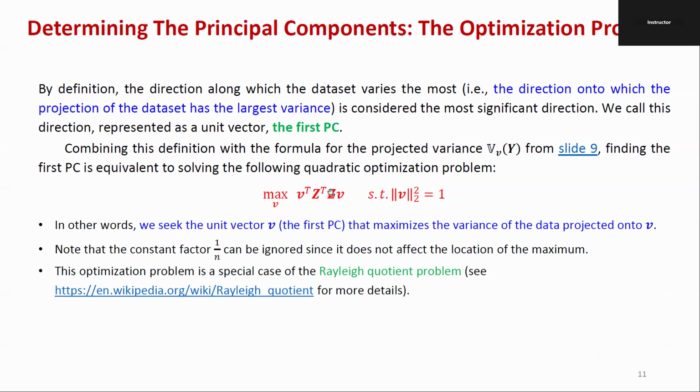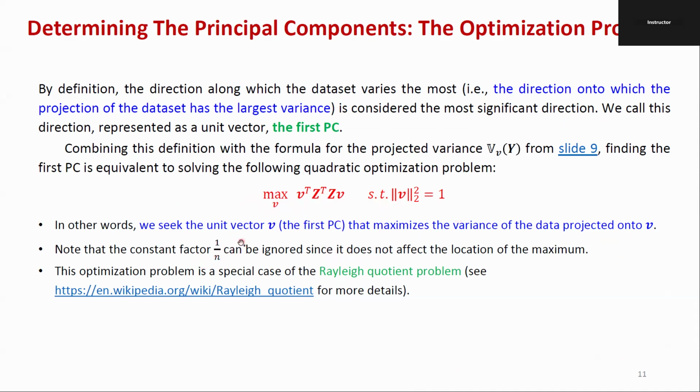This is actually a constant, and I can just ignore it. Why? Because n is known. I give you, let's say, 100 observed data points for training, so you already know n equals 100. So it doesn't affect the location or the solution of this optimization problem.